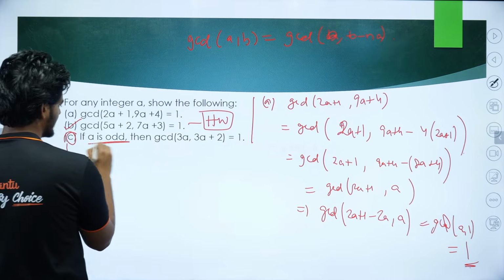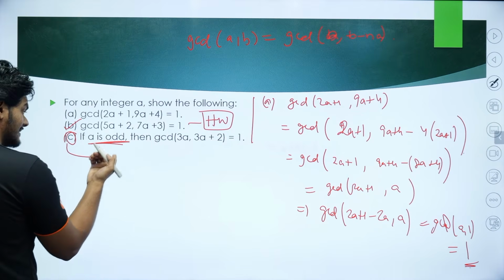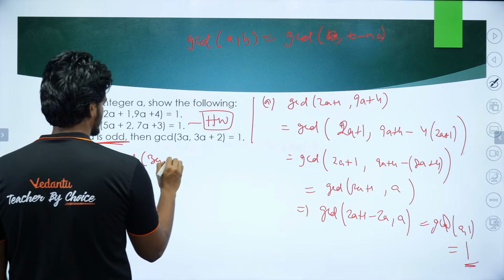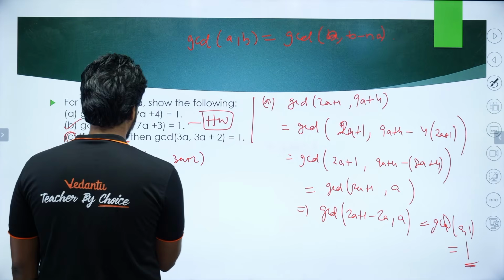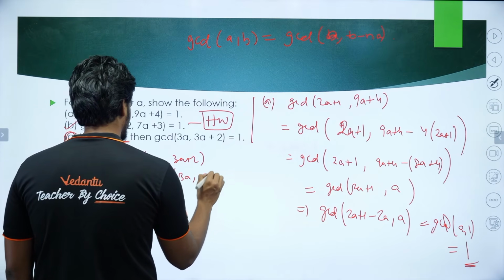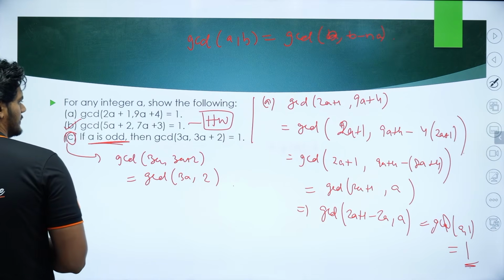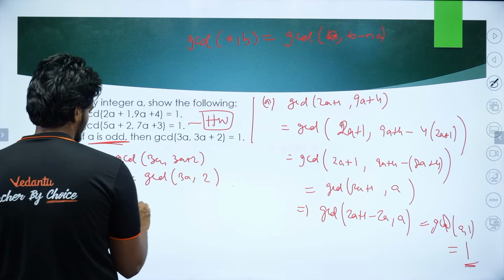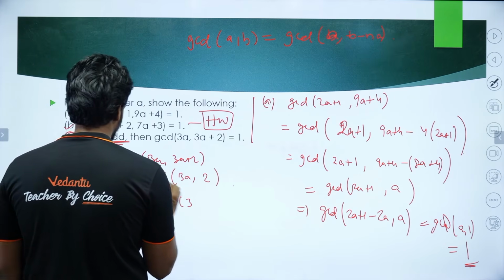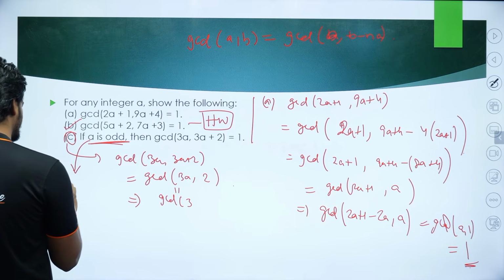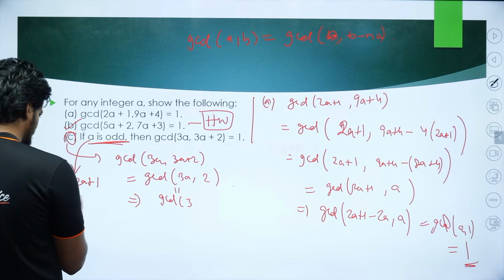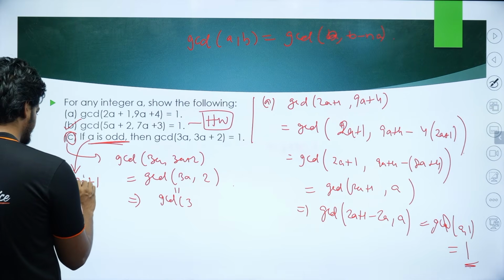This is simple, irrespective of whether a is odd or not. GCD of 3a comma 3a plus 2 is simply GCD of 3a comma 2. Now we will take that a is odd, a equal to 2b plus 1, let us say.